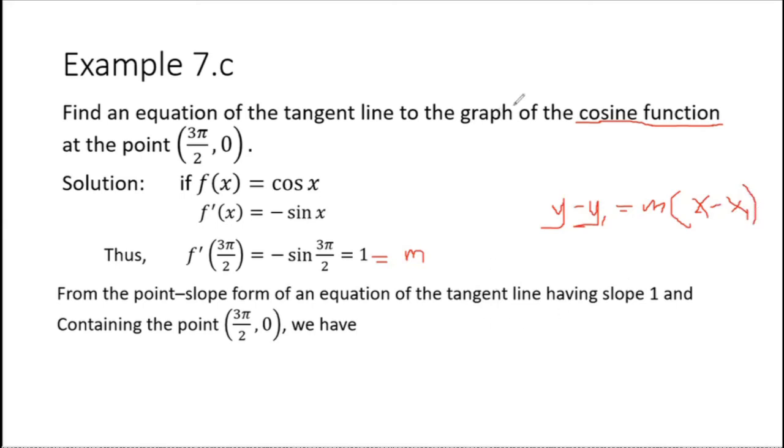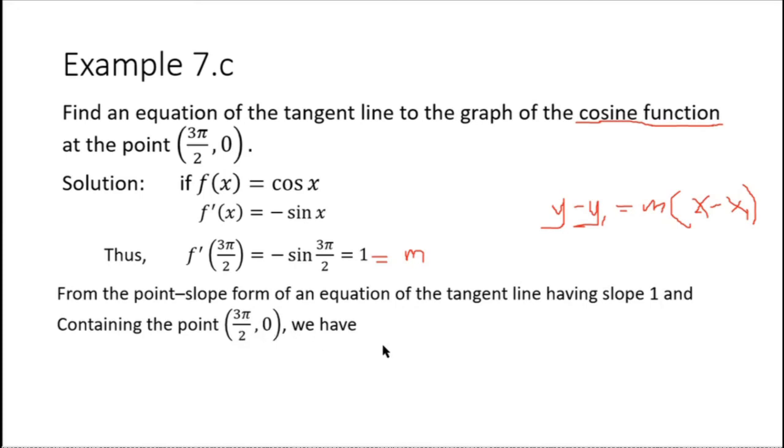Okay, so let's use this now. From the point slope form of an equation of the tangent line having slope 1 and containing the point, this is our given point, 3 pi over 2 comma 0.